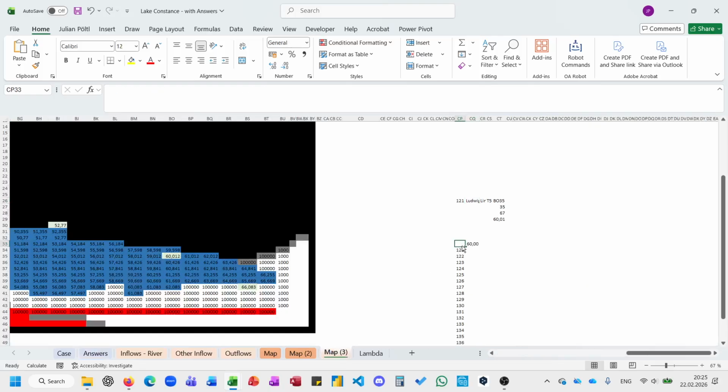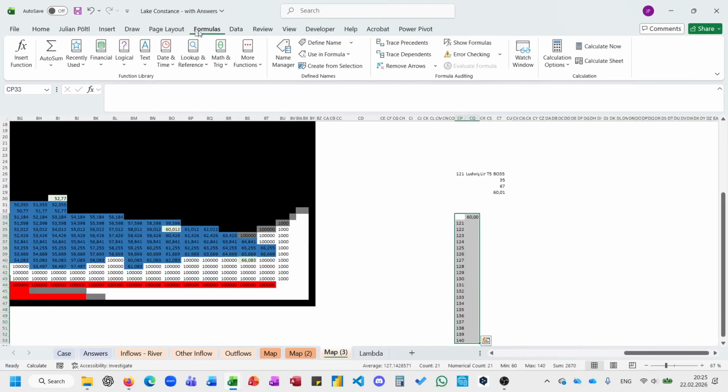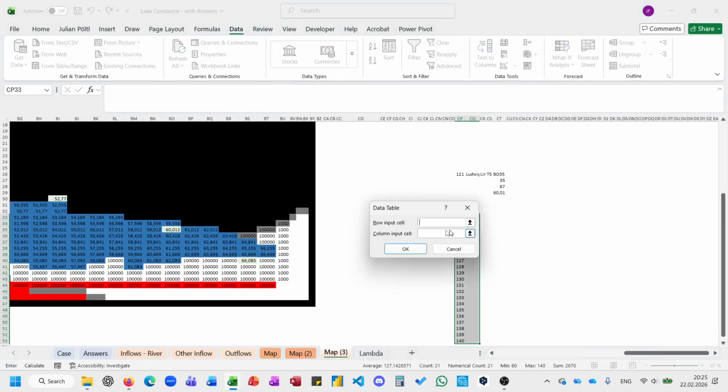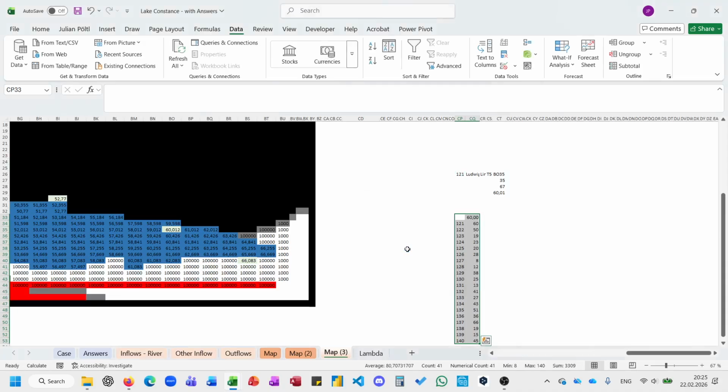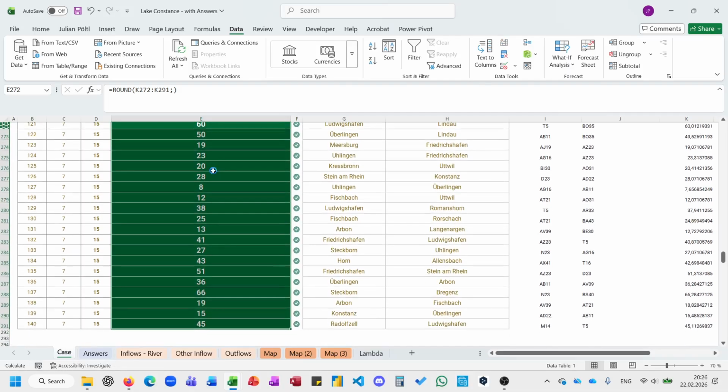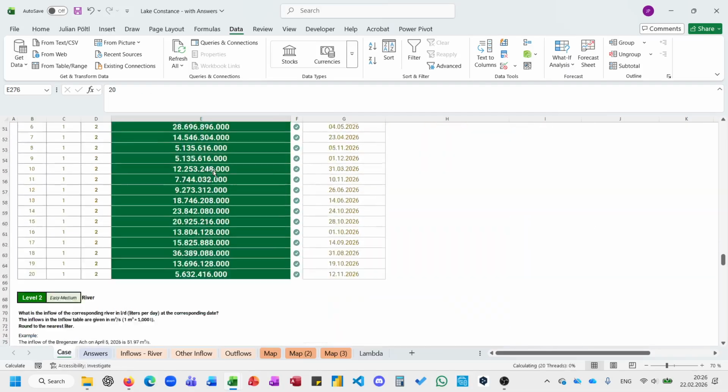Now data table this: data, what-if analysis, data table, column input cell here, calculation shortly, and we get to the same values with our iterative approach.